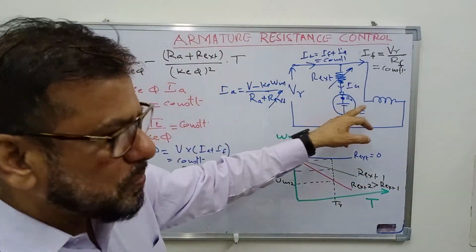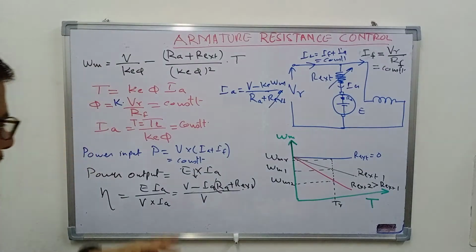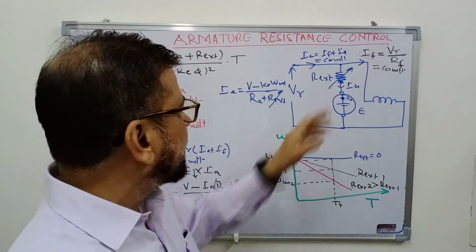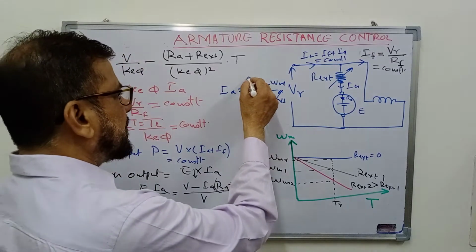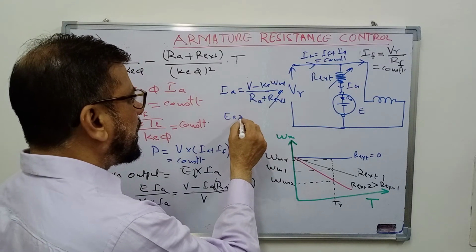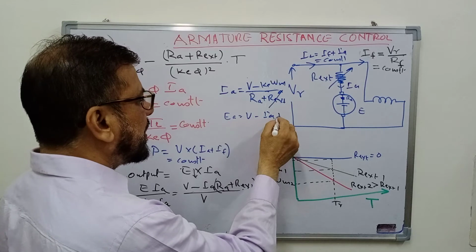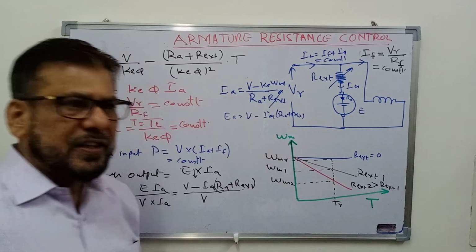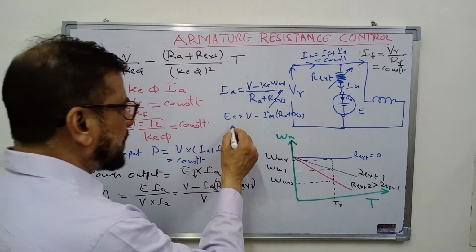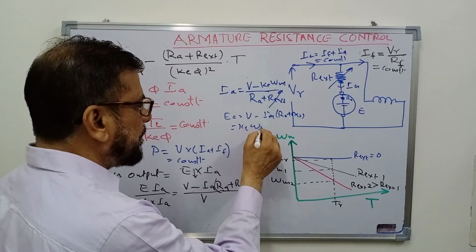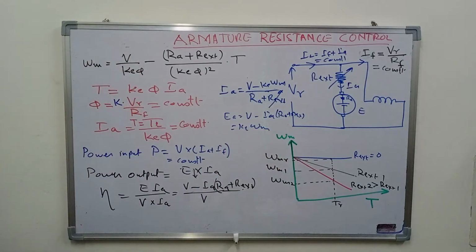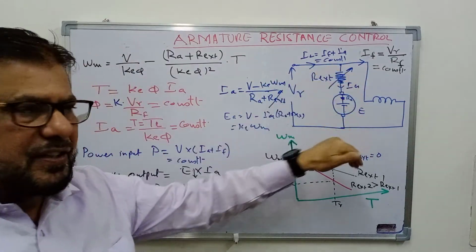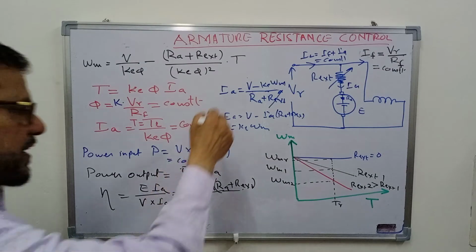This is E into Ia. So what is happening there? As we are increasing the external resistance, the back EMF, which is equal to V minus Ia (Ra plus Rext), is decreasing, and this is also equal to Ke omega m. So as we are increasing the resistance, actually Ea, that is the back EMF, is decreasing.